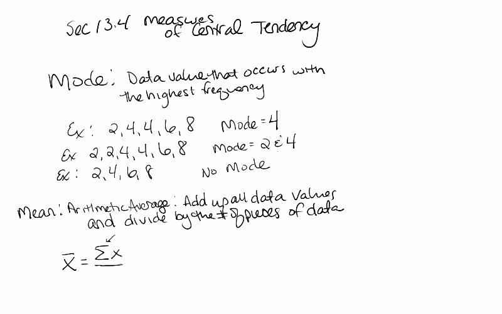X is the data values. So you're finding the summation, or adding up all the data values, and then we put it over n. Writing it as a fraction means we're going to divide, and n is the number of pieces of data. So this is the formal way of saying add up all the data values and divide by n. What I really want you to remember is that X bar is the symbol for the mean, because what we're going to see in class when I show you how to use your calculators is that this is how your calculator indicates the mean. So I want you to be familiar with that symbol.